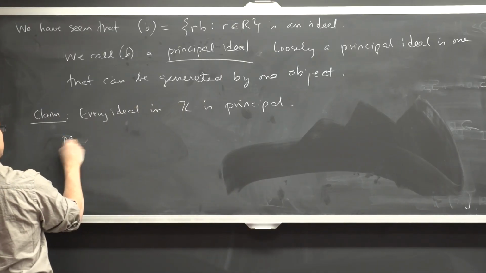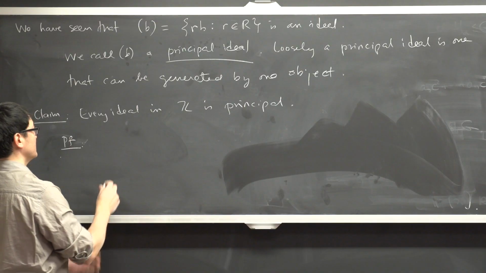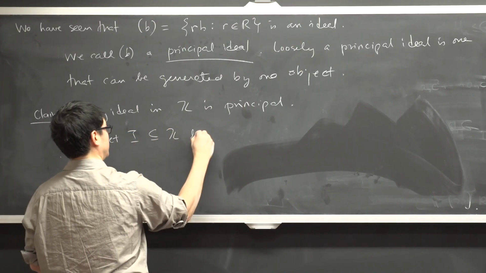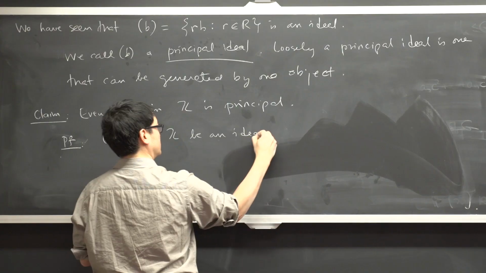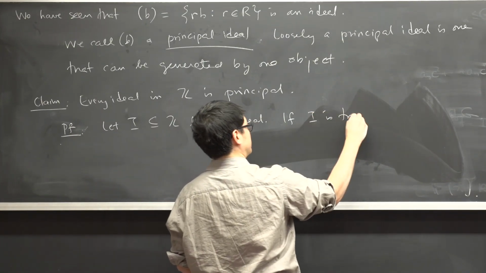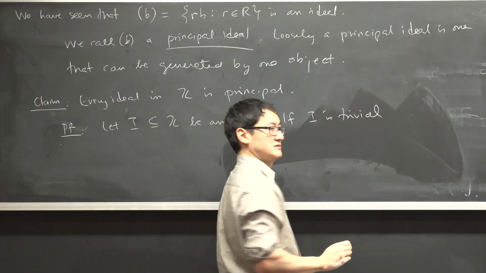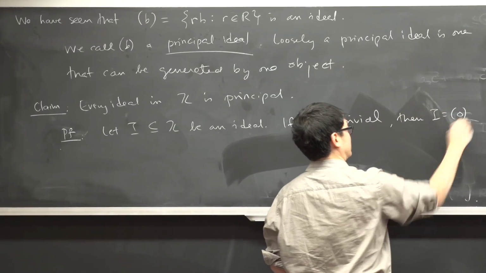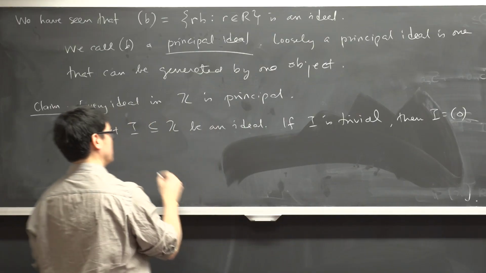All right. So here's the proof. Okay. So let I in Z be an ideal. If I is trivial, what does it mean to be trivial? It's just 0, right? And then I is just generated by 0, and is principal.